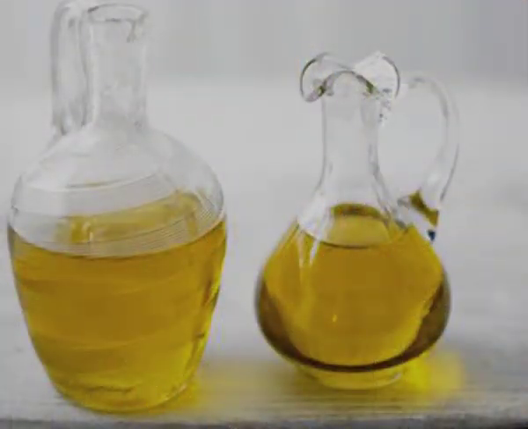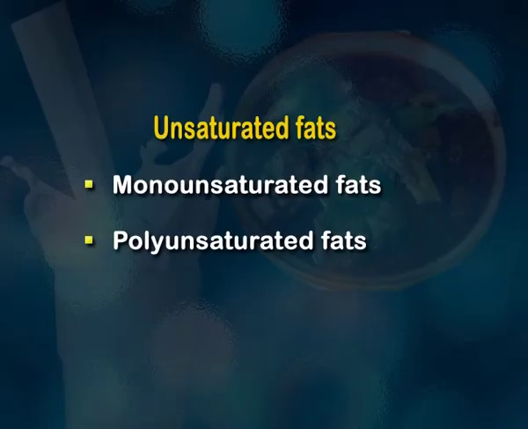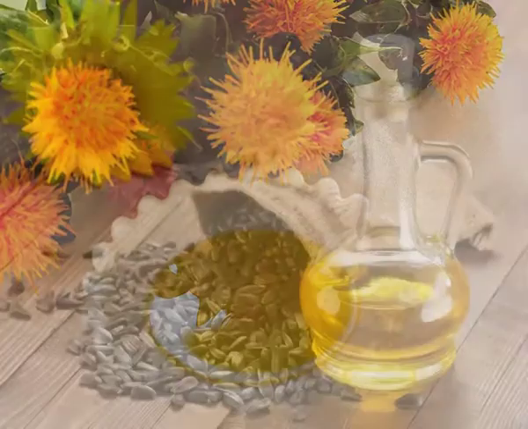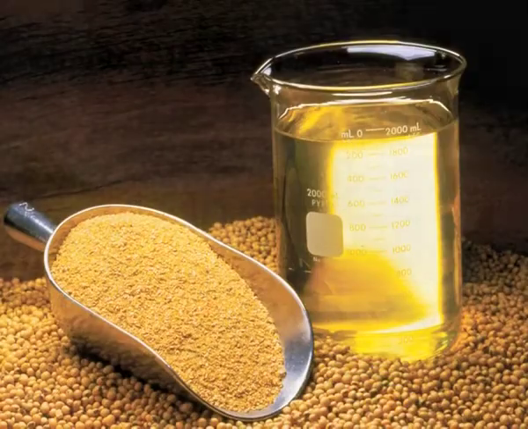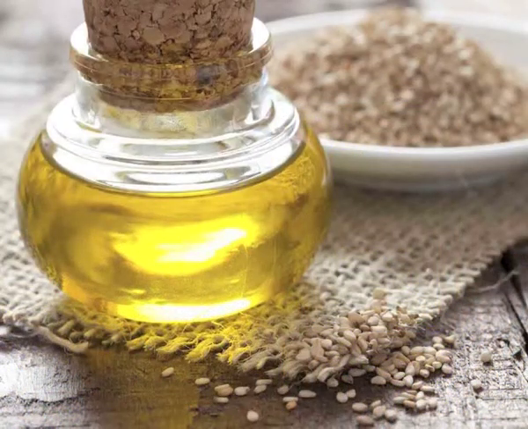These fats are generally liquids at room temperature. Then we have polyunsaturated fats, which usually come from vegetable seeds or nuts like corn, safflower, sunflower, soya bean, cottonseed and sesame oils. These fats also are liquids at room temperature.